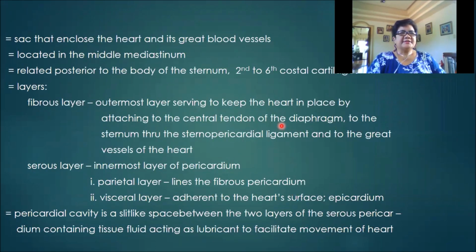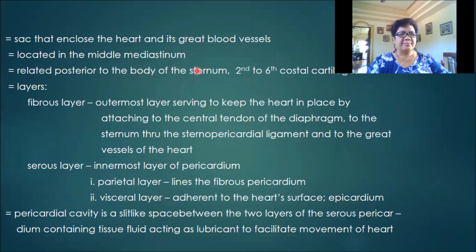The heart is located in the middle mediastinum, and this is enclosed by a sac that will not only envelope the heart, but also the great blood vessels that will come in and out of the heart.